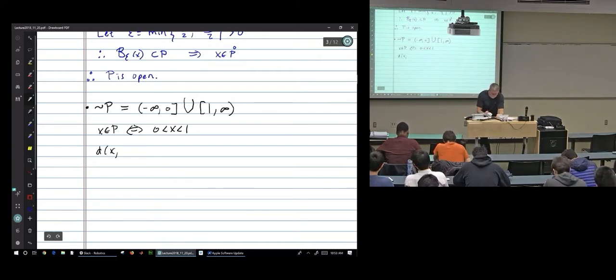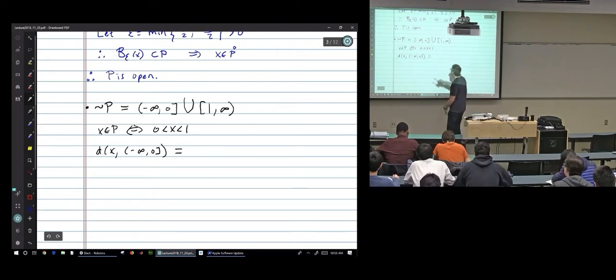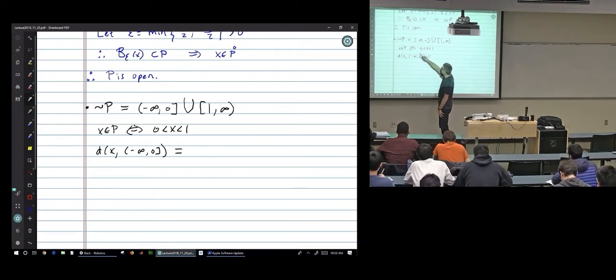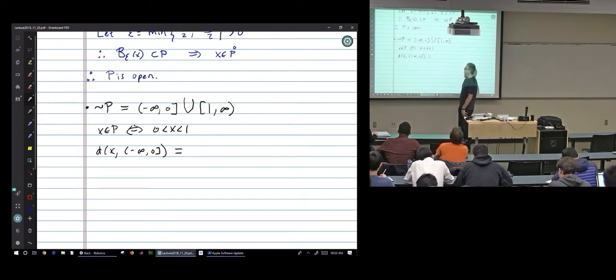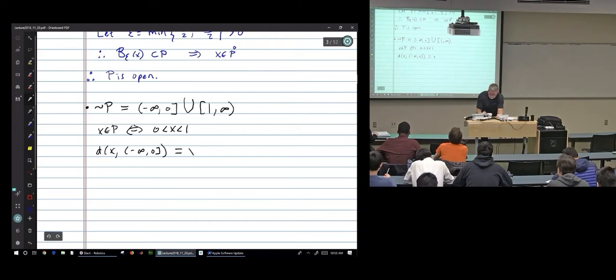So what is the distance from x, so x is strictly bigger than 0, what is the distance of x to this part of the complement of P? It's just x, which is positive, okay? Everybody agree it's equal to x? X is like 0.04. The distance from 0.04 to 0, which is the closest point, is 0.04, okay?